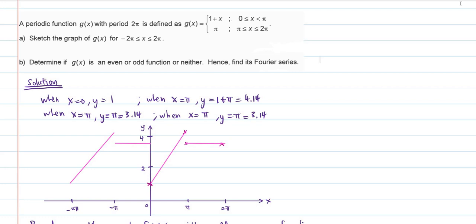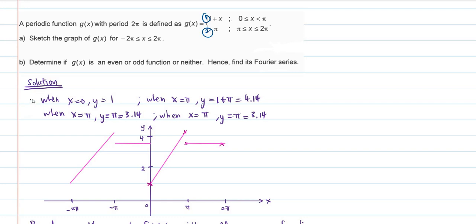The first solution, for part A, we need to sketch the graph. Because this is a piecewise function, we have the first and the second.